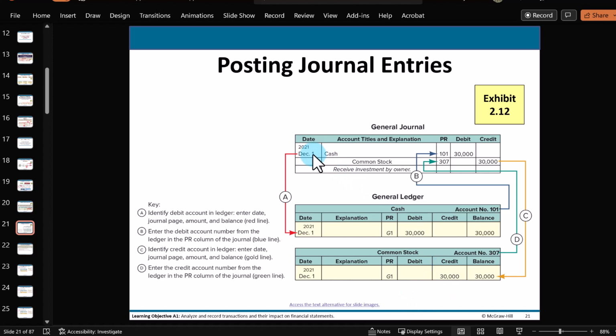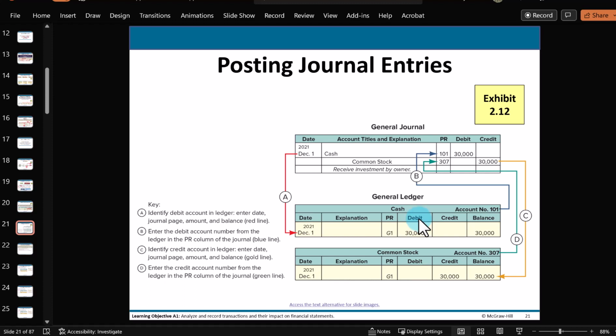So you take the date and you rewrite and you identify the account. So you turn to the cash ledger page. That's page 101 or account 101, like we had learned in the chart of accounts. Then you write in the same date as you see in the journal. This $30,000 debit, you post as a debit in the ledger. Okay, it doesn't switch to a credit. Debit here, you debit here.